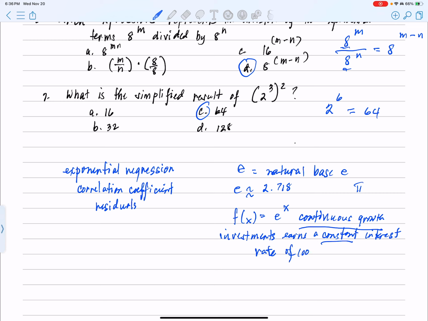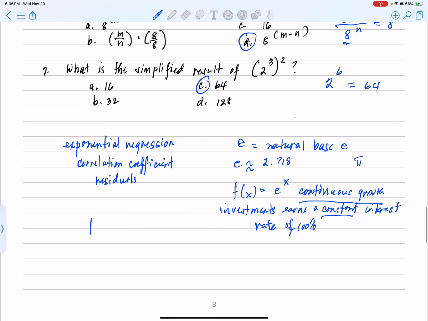So the function f of x would be e to the power of negative x, which models continuous decay of a substance that decays at a constant rate.